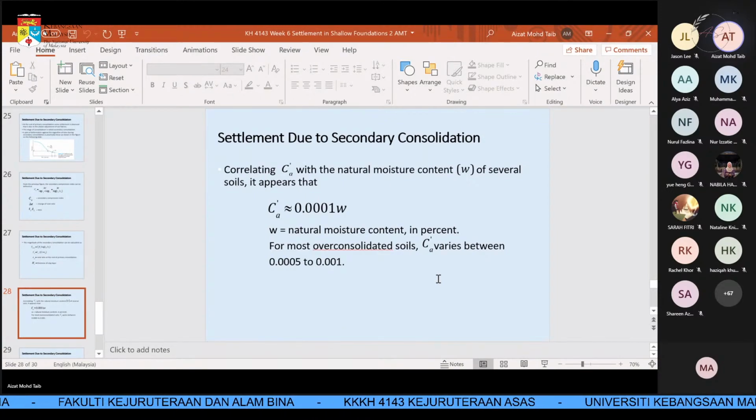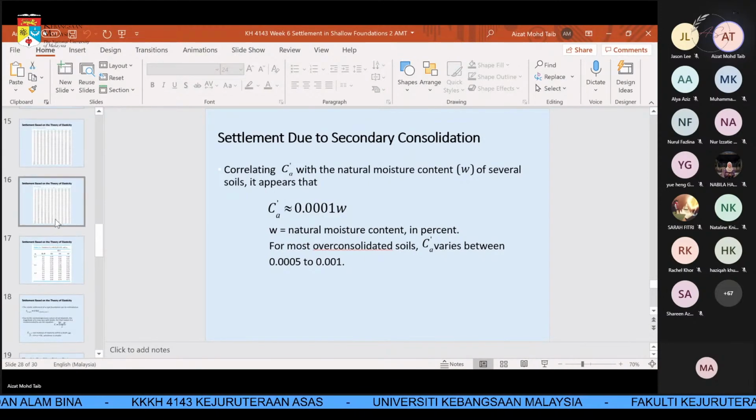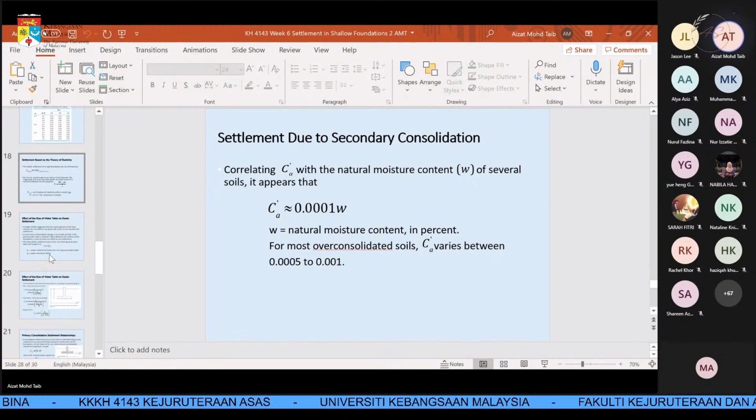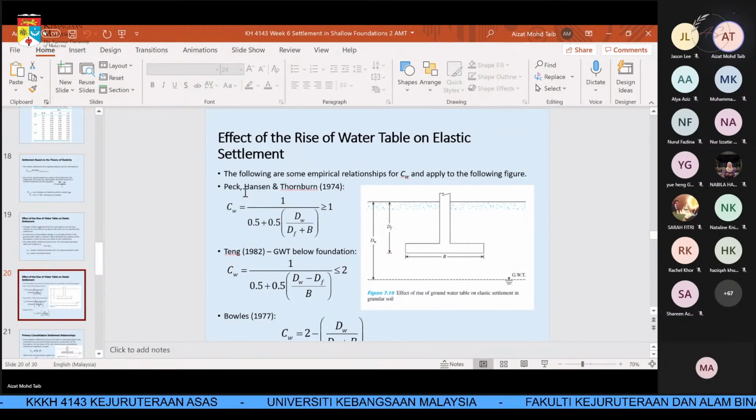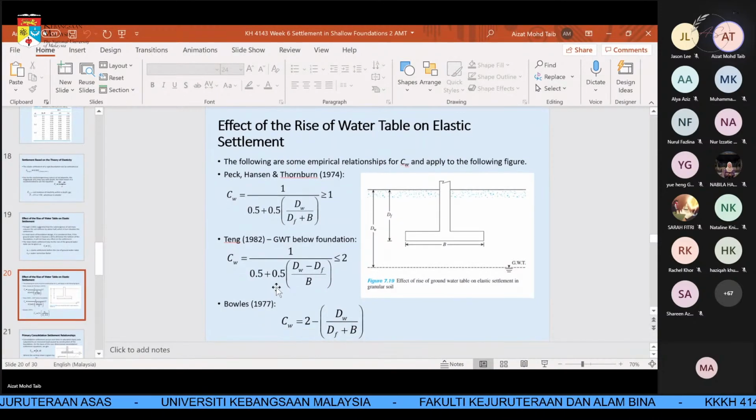Yesterday, if you remember, I gave the assignment on the rise of water table in elastic settlement. If you look at yesterday's, there was Cw, your correction factor. There were three Cw, but based on different people, so different people come up with different equations.